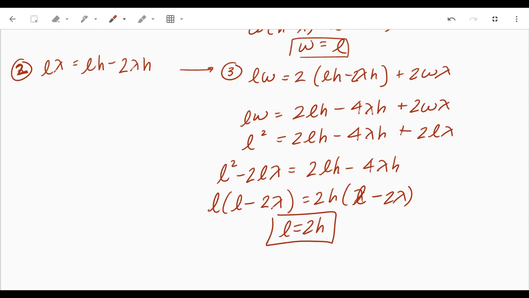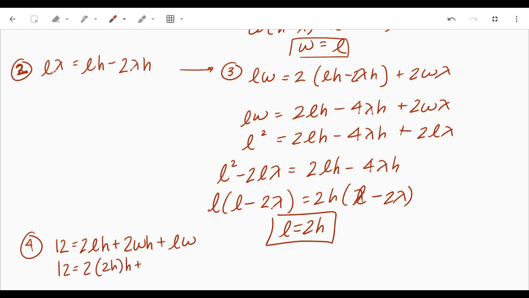Okay, but now we have our fourth equation that is 12 equals 2LH plus 2WH plus LW, and we can sub these out, so everything's in terms of H. 12 equals 2 times 2H times H plus 2 times, if W equals L and L equals 2H, W also equals 2H.